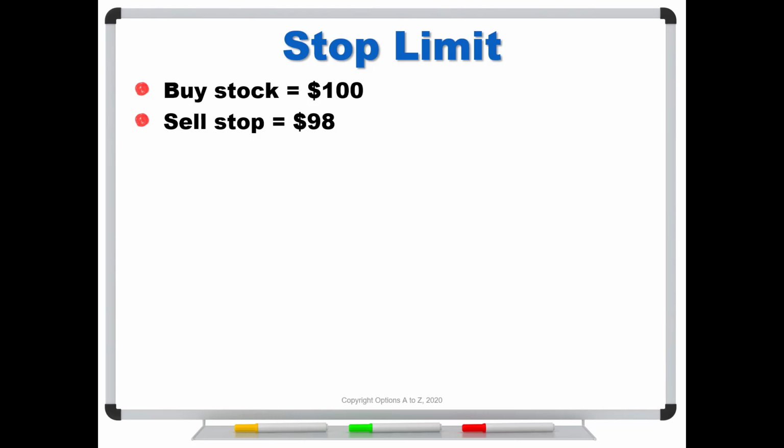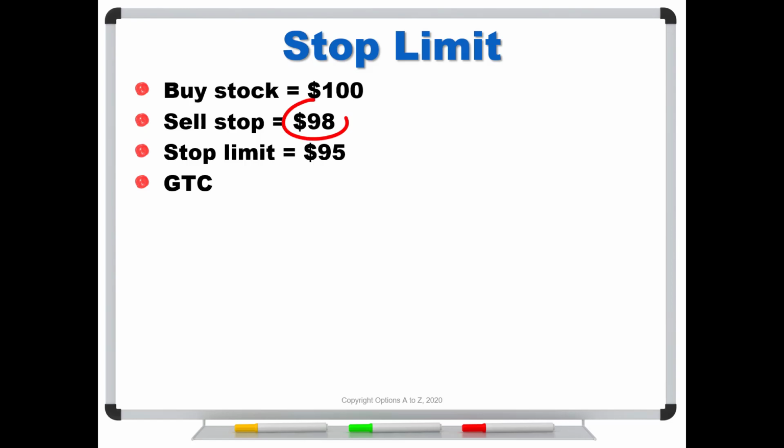So I want to get sold at around 98, but if I can't get at least 95, I want to continue holding my shares. So to do that, you place a stop limit of 95 or whatever that price might be. Now, because this is probably not going to execute now, traders usually make that a GTC, or good till canceled.